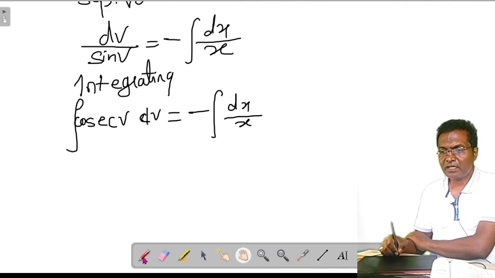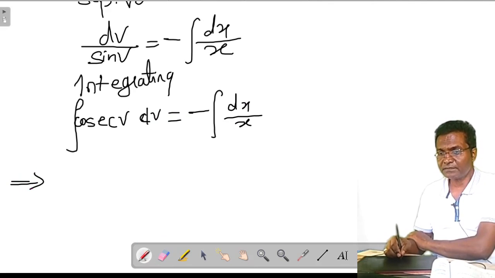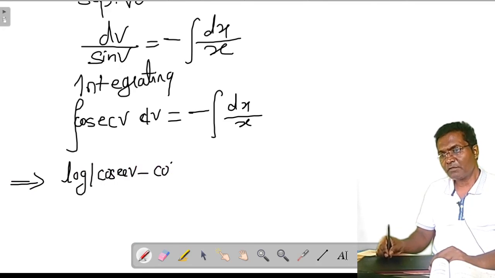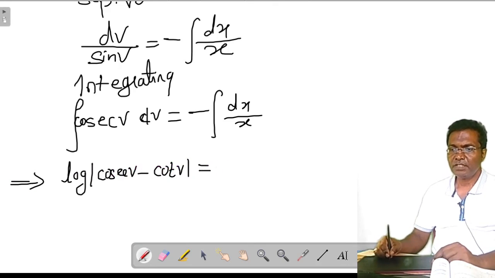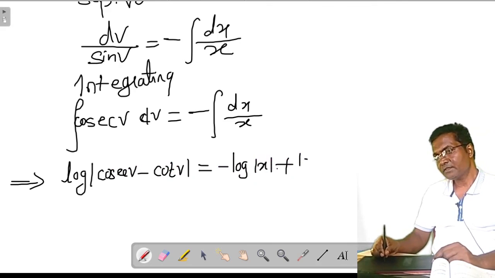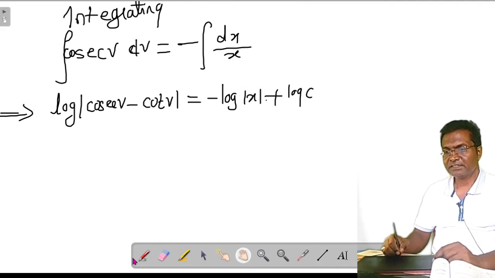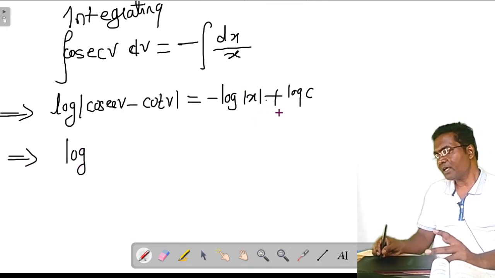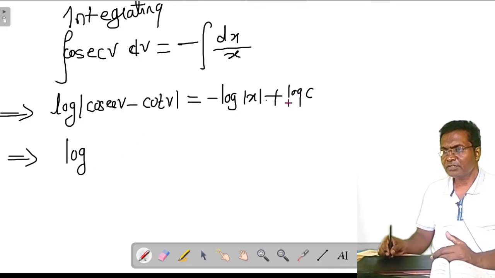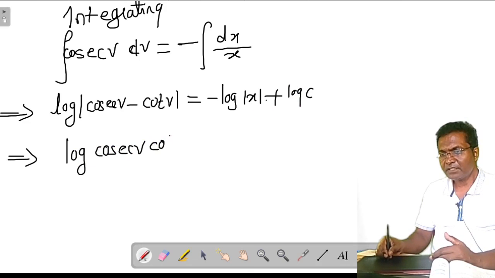Integration of cosec v must be known to you, that is log of cosec v minus cot v equals minus log x plus log c. Now, log m minus log n is log m by n. So if you want to keep this side, I can keep it as cosec v minus cot v.